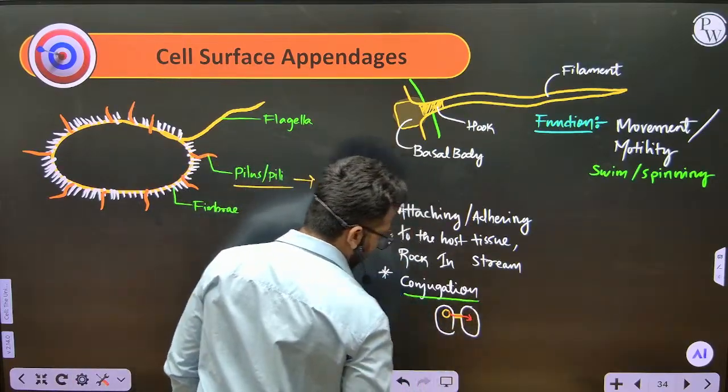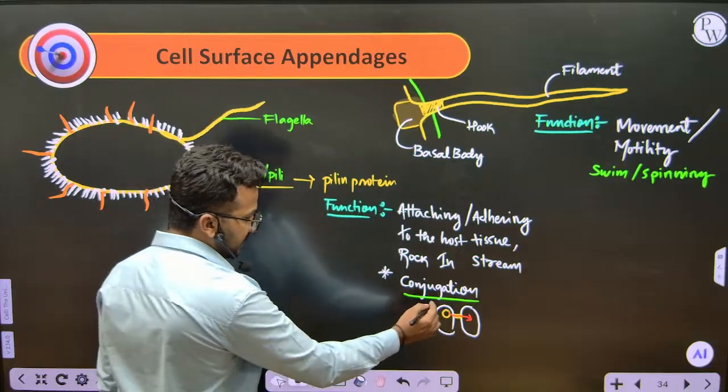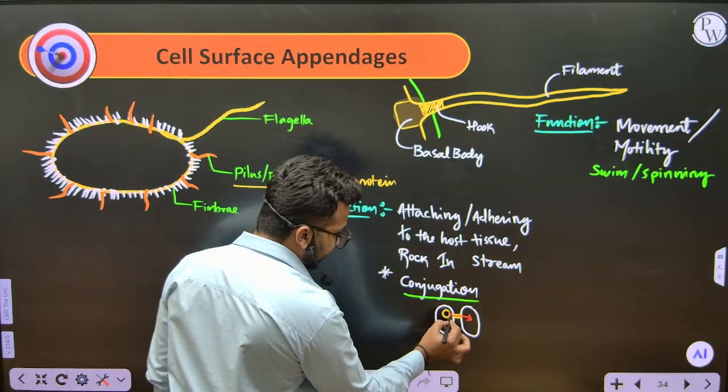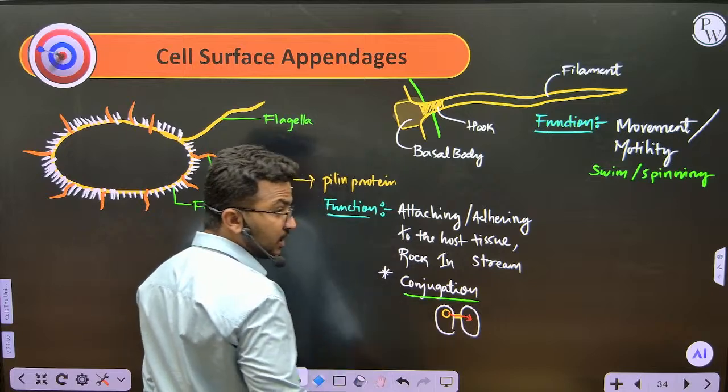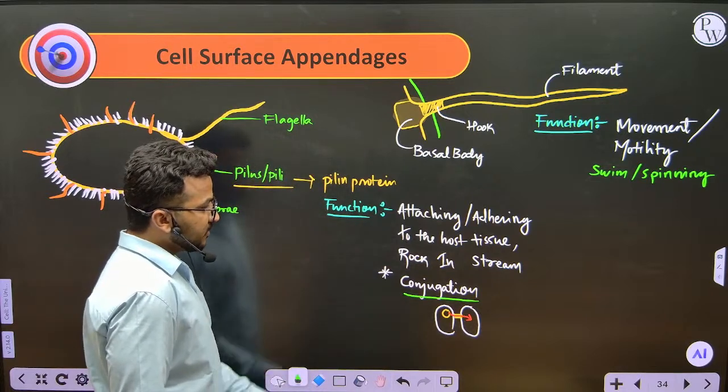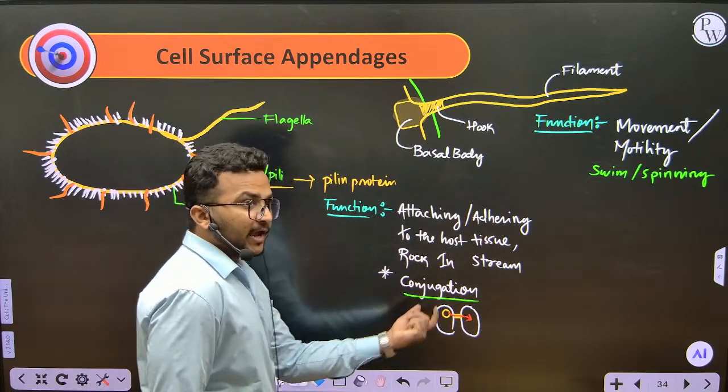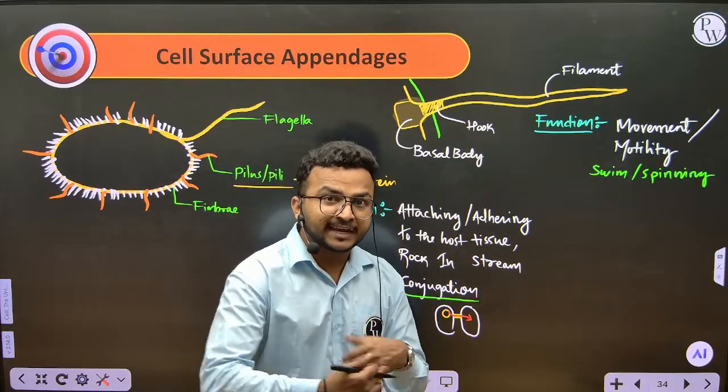So that is nothing but conjugation. Conjugation is nothing but the bacterial DNA transfer from one bacterium to another bacterium. So it is helping in the way of sexual reproduction to create variations.